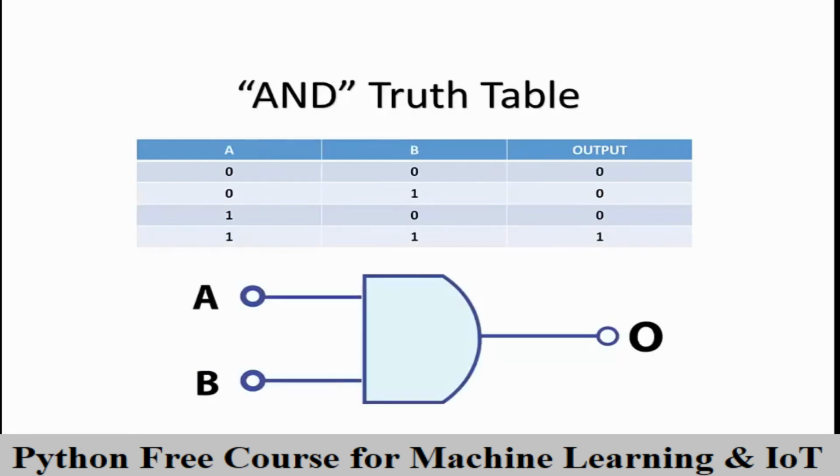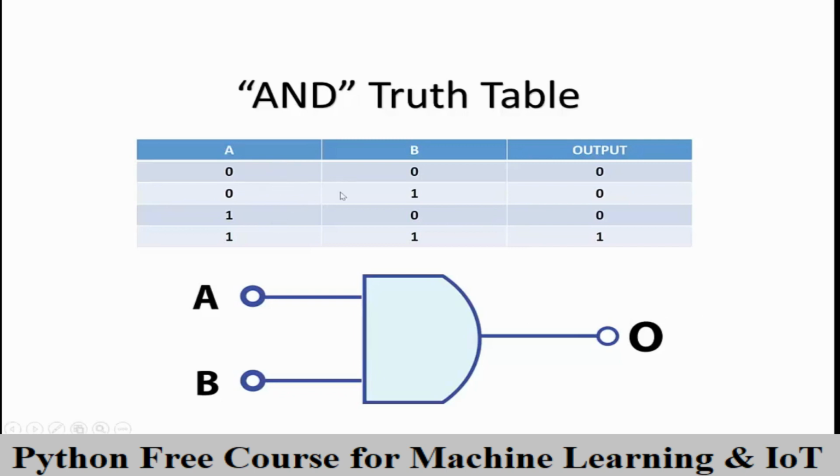So with that out of the way, let's have a look at the AND operator. Now this is the truth table for the AND operator. You can see that unlike the NOT, which only had one input, AND has two, right? So you've got A and you've got B, and you get one output. So the key thing about the AND is that it only gives you true if both of the inputs are true.